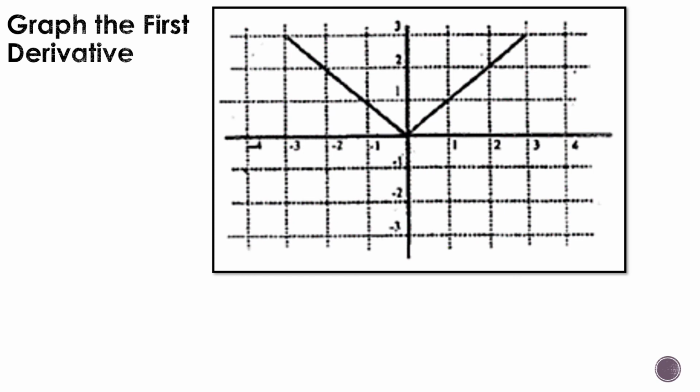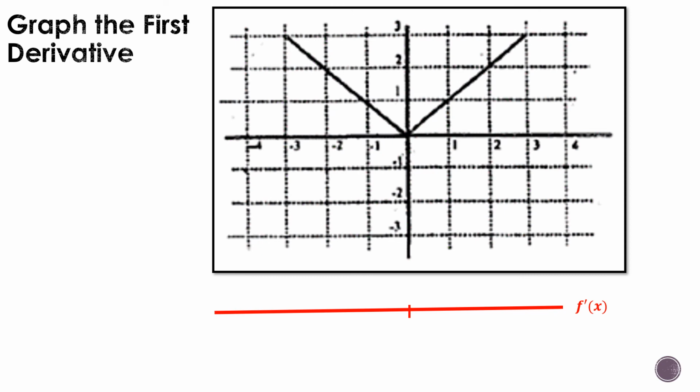Here's our third example. This is a graph of an absolute value function. When we talked about absolute value, we talked about how you could separate it. It's a piecewise function. So you have the absolute value of x is really positive x and negative x over just different intervals.